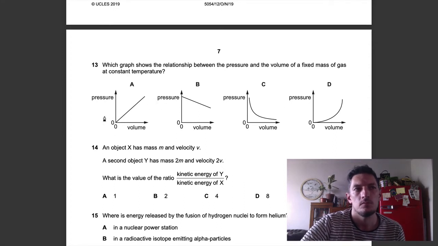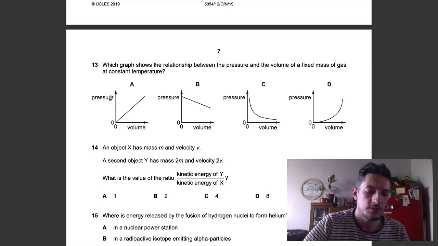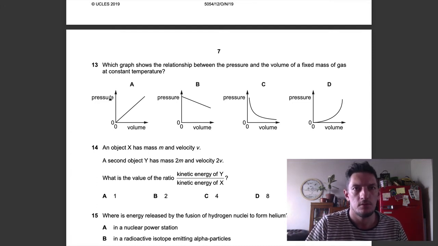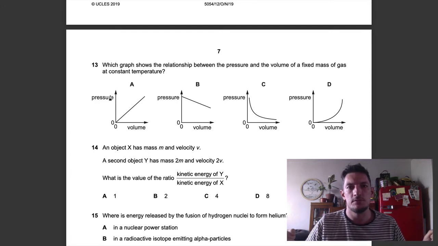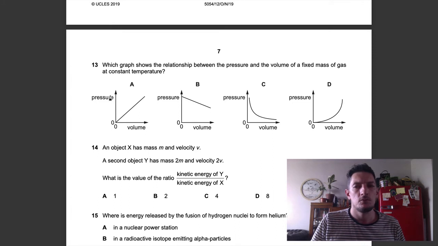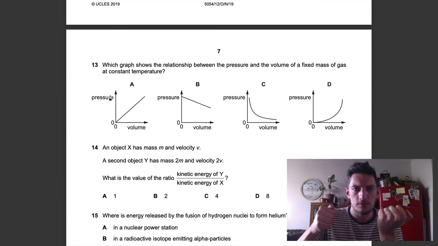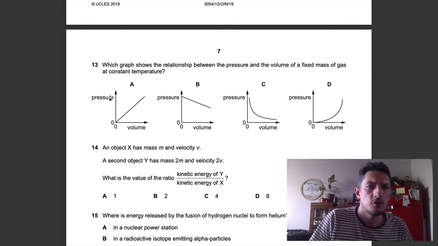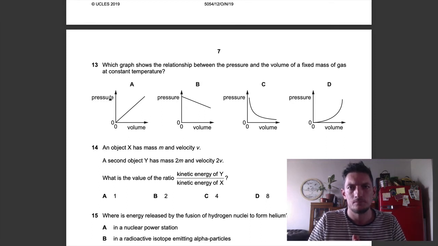So, let's imagine a piston with some gas in it, and now I expand the piston, thereby making the volume bigger. What do you think will happen to the pressure inside? One way to do this is to take a little syringe and sort of pull it out like this. The pressure will go down as the volume increases.